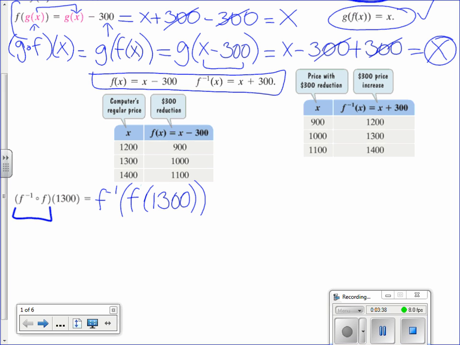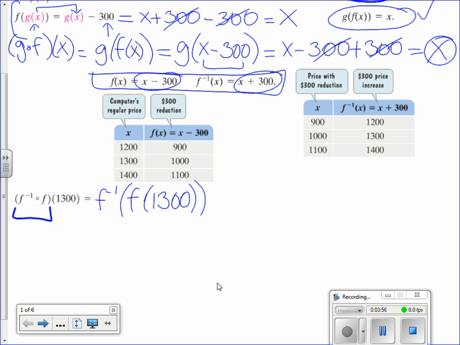Do you remember that problem from the previous section where the computer had a $300 discount? That is similar to this one. It's actually exactly the same function. The inverse is just adding the 300 back. So it's like you're going to get the same price.